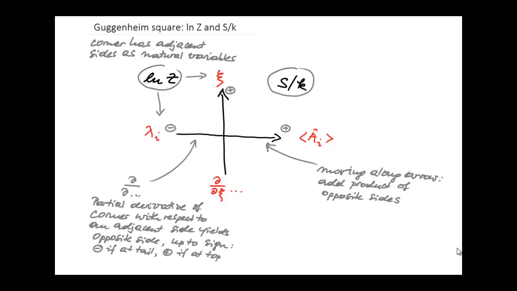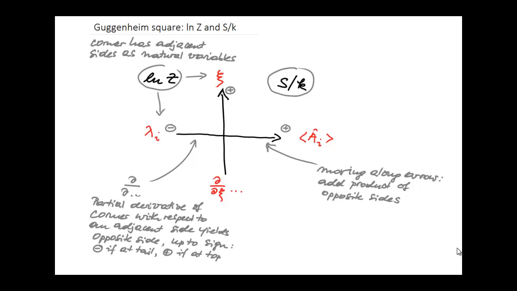The two opposite sides in the Guggenheim square are called conjugate to each other. So here you have the Lagrange parameter on the left-hand side, and you have the expectation values on the right-hand side, and they are said to be conjugate to each other.